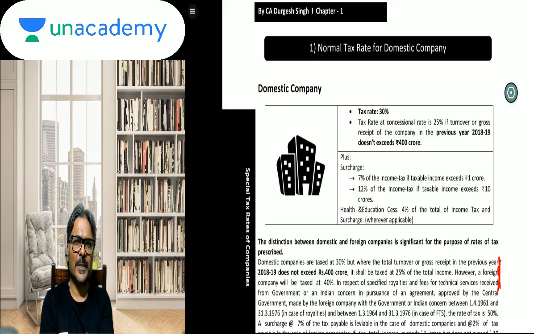This is the aspect they are targeting, and accordingly you have to take a call and get your solution in order. Do it in this particular way, students. This is the most logical way to conclude in this context.